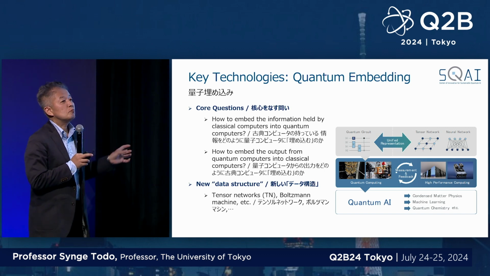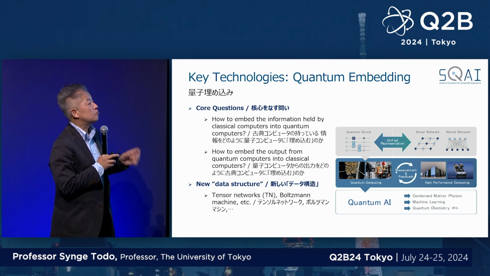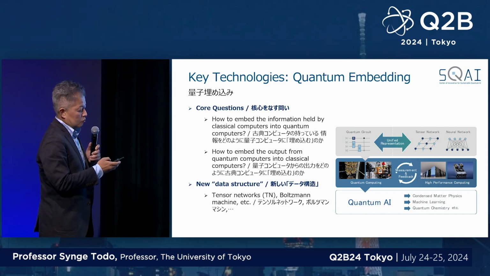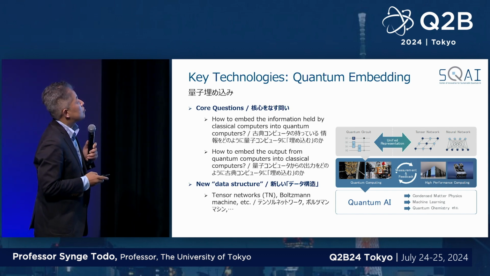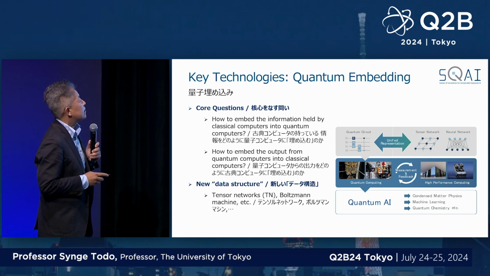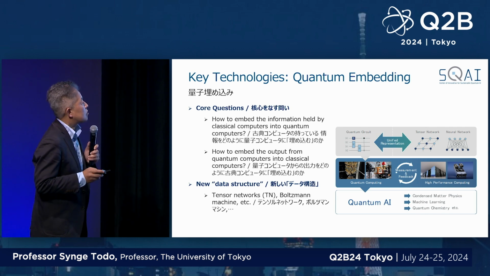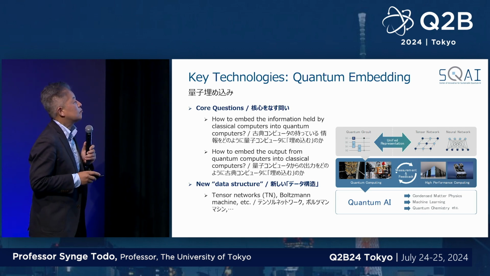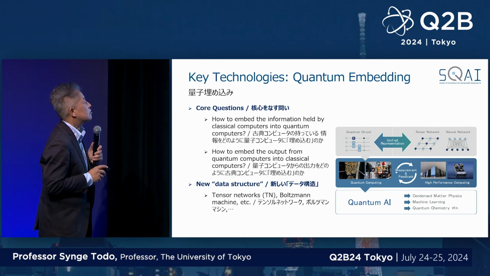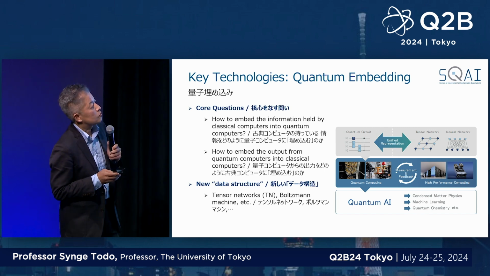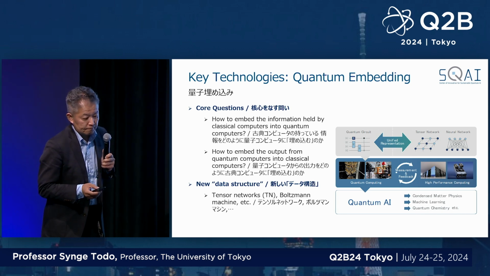On the other hand, how can we embed the information from quantum computing into classical computers? Embedding, in this case, is really transferring information. And there are multiple challenges. So our idea is to come up with a new data structure such as tensor networks and Boltzmann machines. Some of the new data structures that emerge in other sectors can possibly be utilized here.